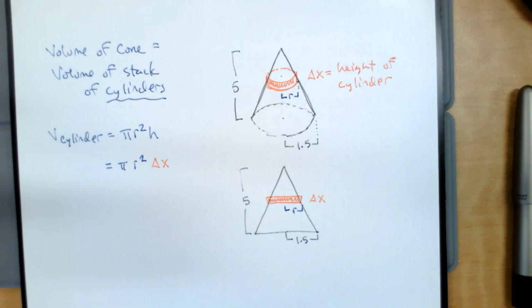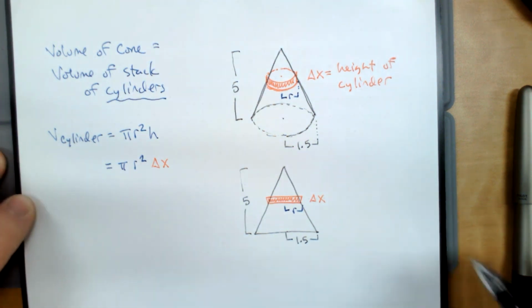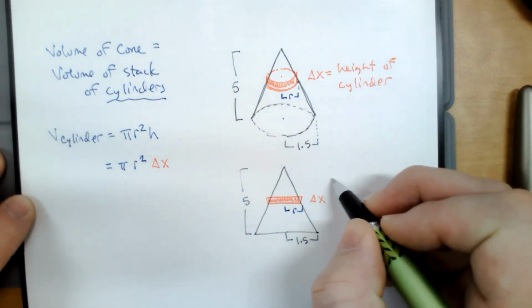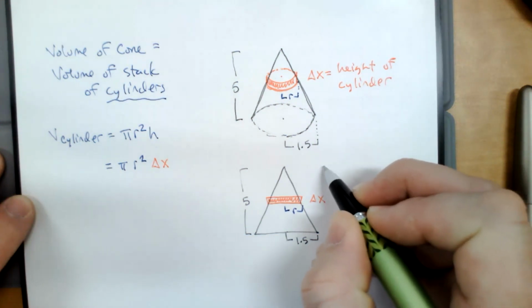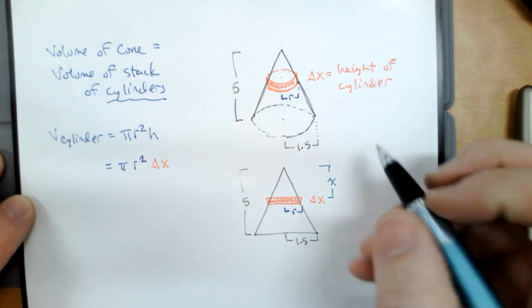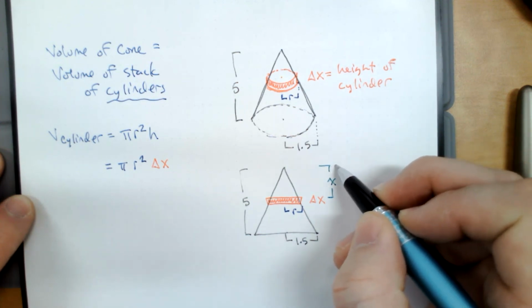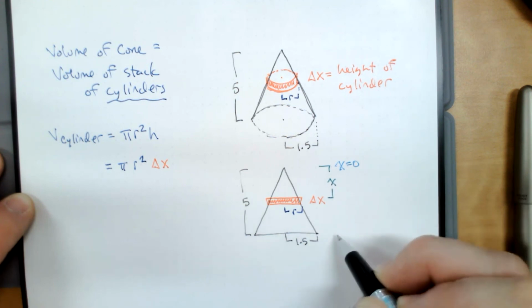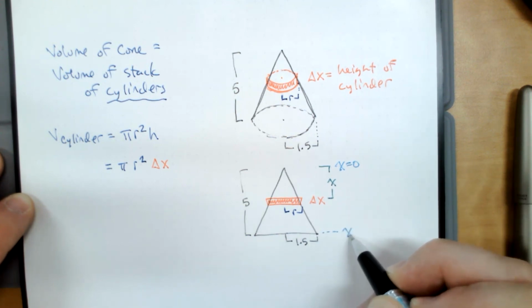We can make x whatever vertical variable we want, but there are only two that actually make sense in the context of the problem. So if x is the distance from the top down to this cylinder, then up at the top is where x is equal to 0. Down here at the bottom is where x is equal to 5.